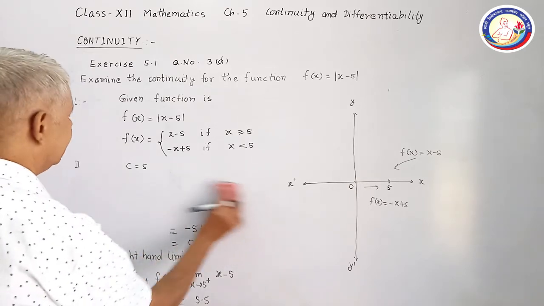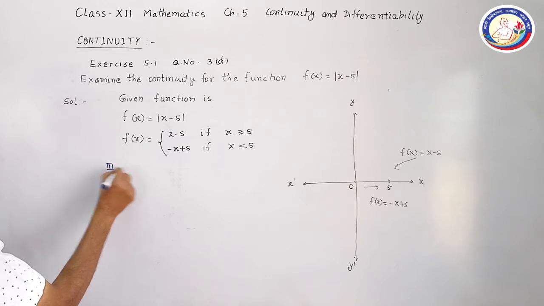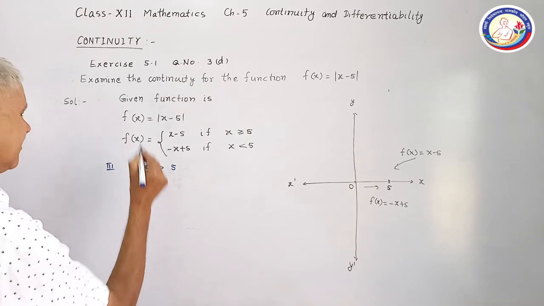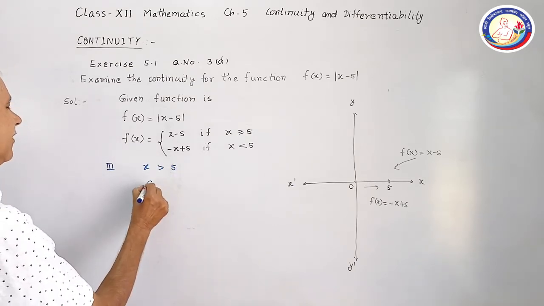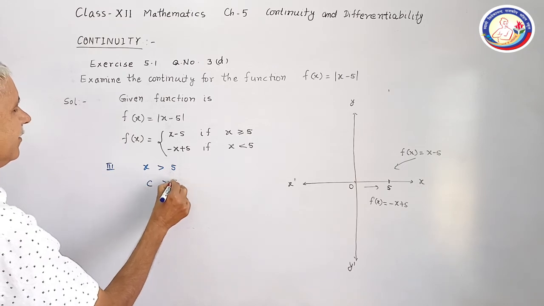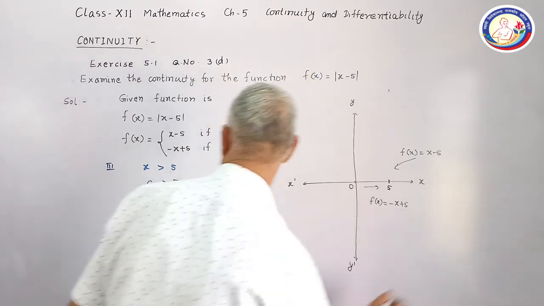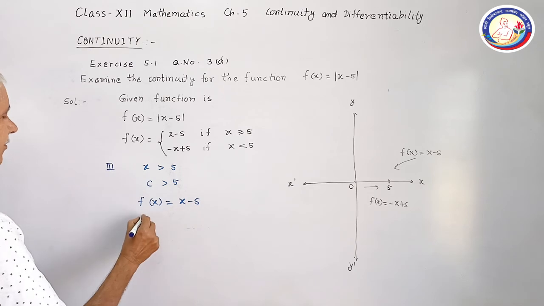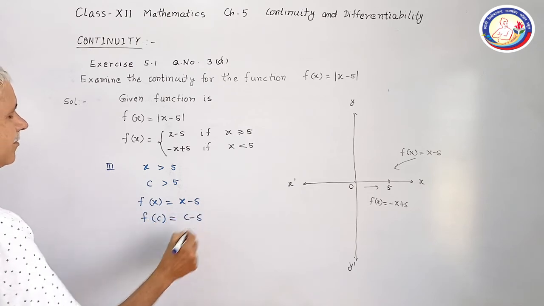Now come to the third condition. The values of x greater than 5. Consider a point C arbitrarily which is greater than 5. Then continuity at each point after 5. Here fx will be x minus 5, so fc will be c minus 5.